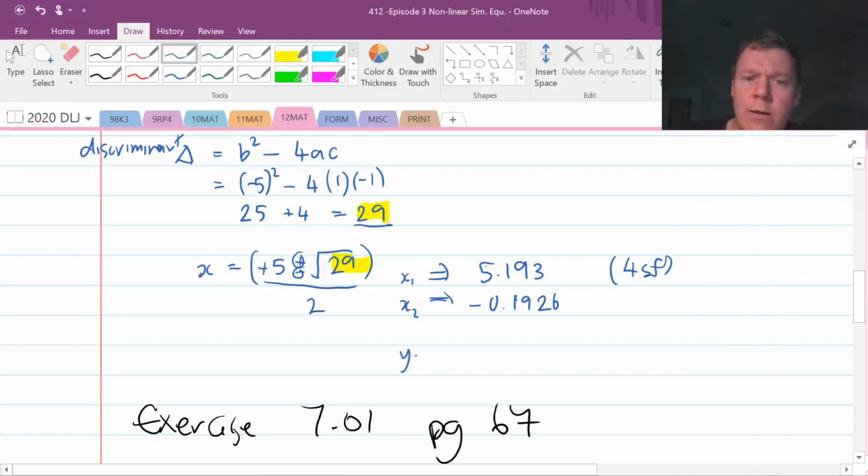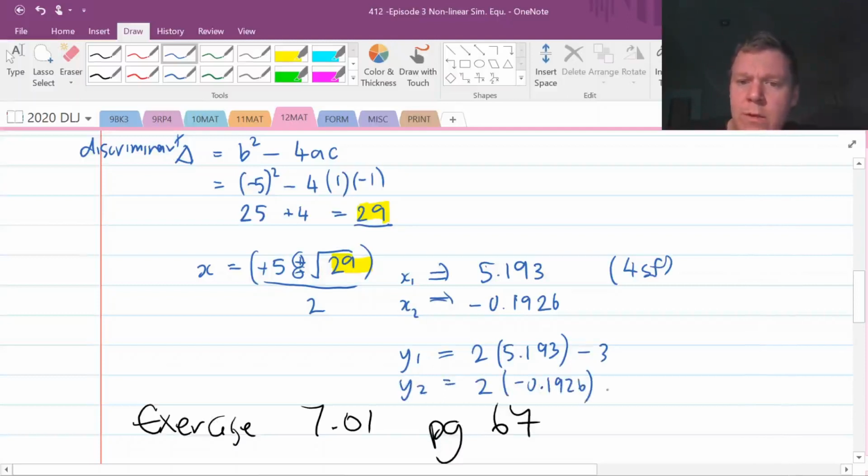So our y1 will be 2 times x1, which is 5.193, minus 3, and our y2 will be 2 times negative 0.1926 minus 3.